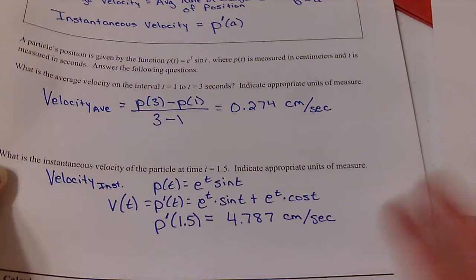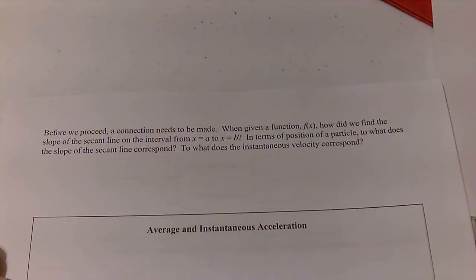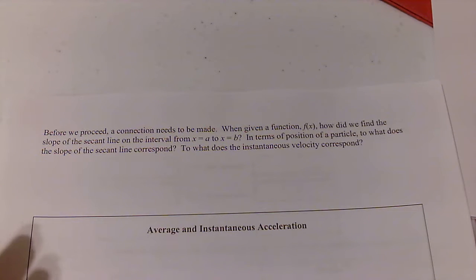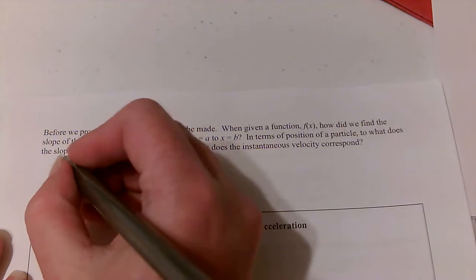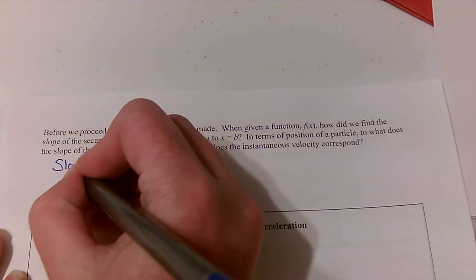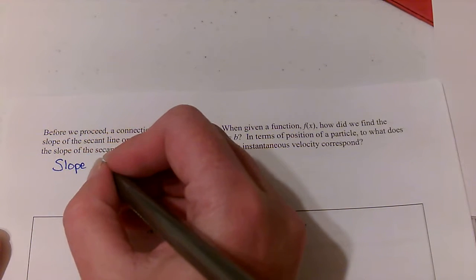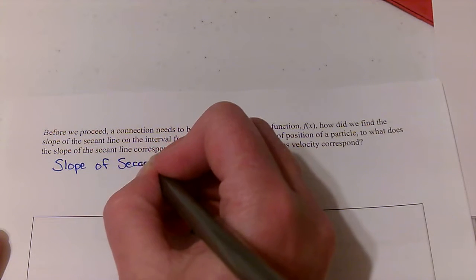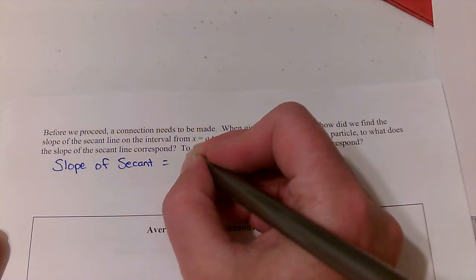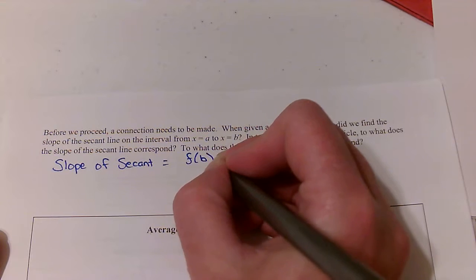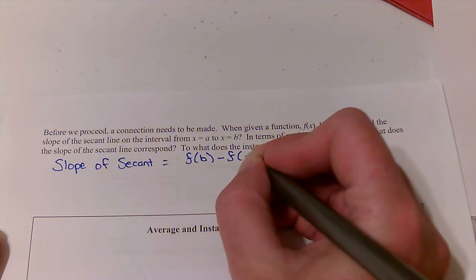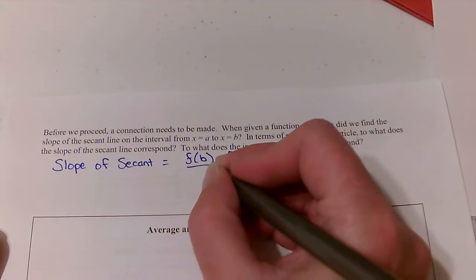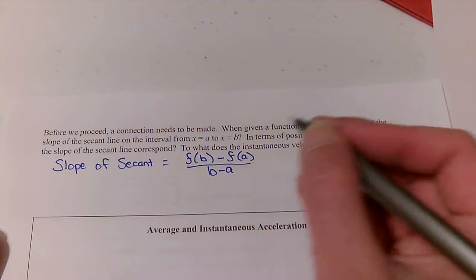Now I want to make sure we notice something here. When we had just a function, f of x, and we're talking about the slope of the secant line. The secant line meant it went through 2 points. The slope of the secant line would have been the function, change in y, over the change in x.